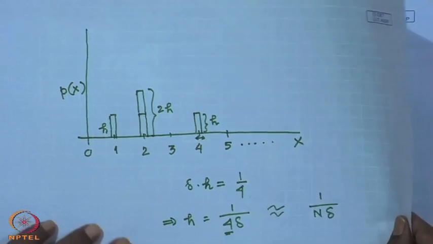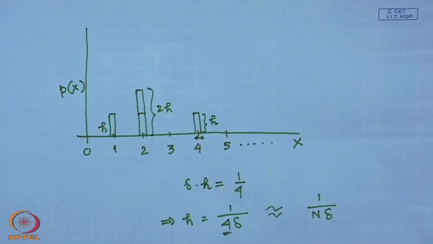Now, when I use such delta functions for estimation of the probability density function, you find that I do not get a smooth probability density estimate, or in other words this is not really suitable for estimation of a continuous probability density function.